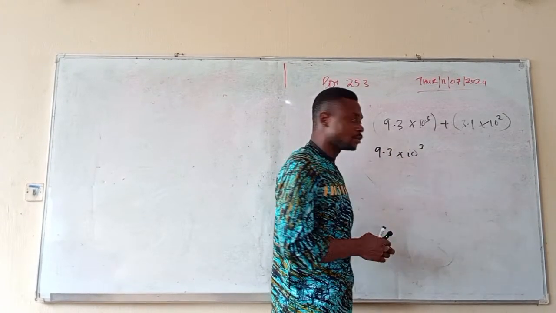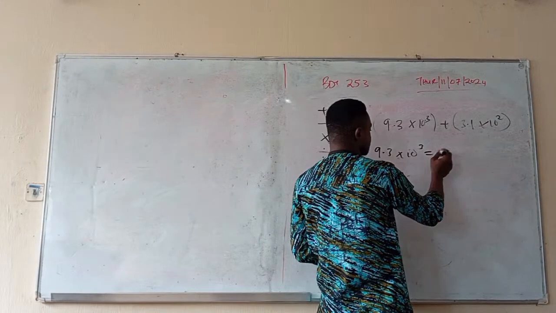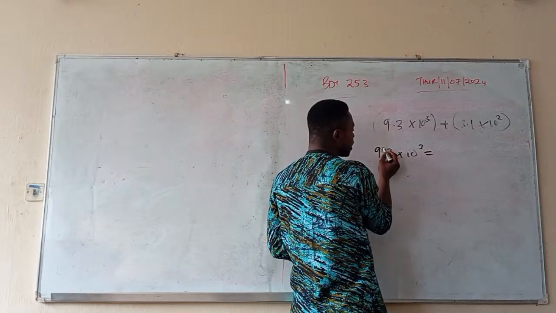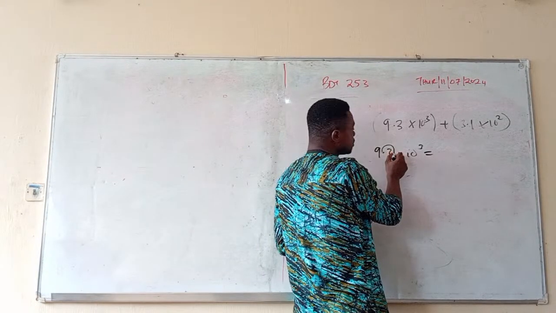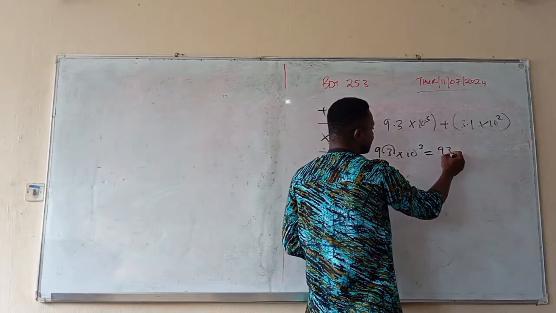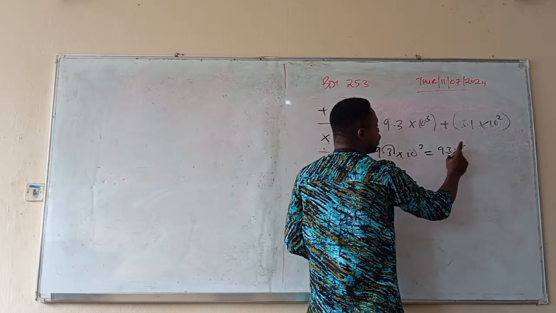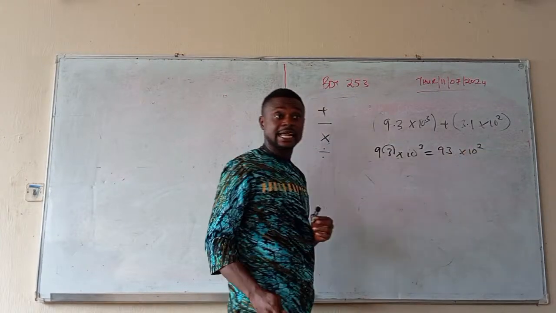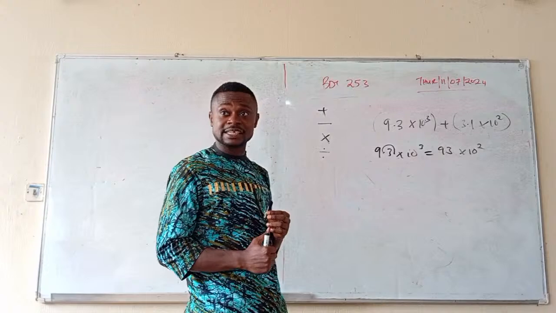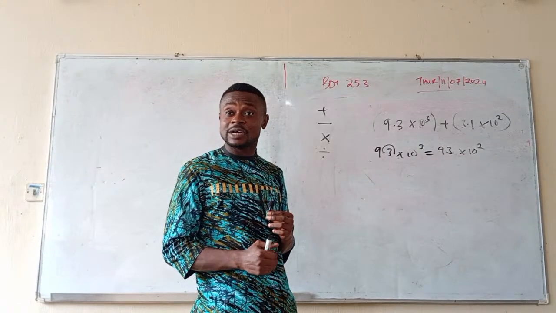So you now have something like this. This will move from here and stop here, so we have 93 times 3 power 2. Is it clear? You have achieved that; they now have the same power. You cannot add up otherwise.